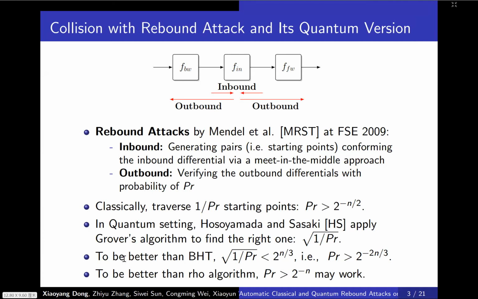And to be better than the BHT algorithm, this time should be smaller than this. So PR has to be larger than 2^(-2n/3). Then to be better than Zhou's algorithm, PR has to be larger than 2^(-n).